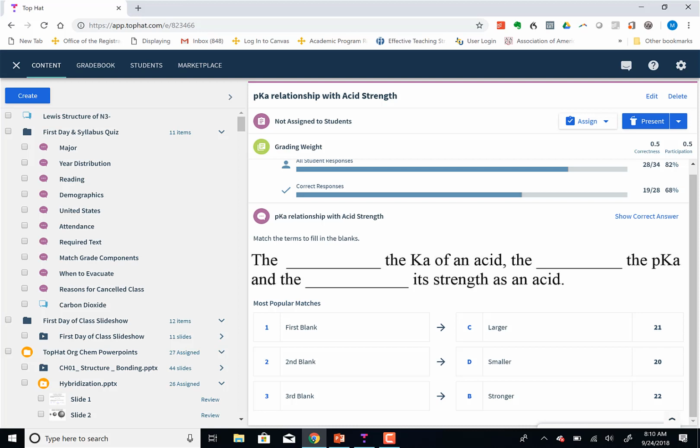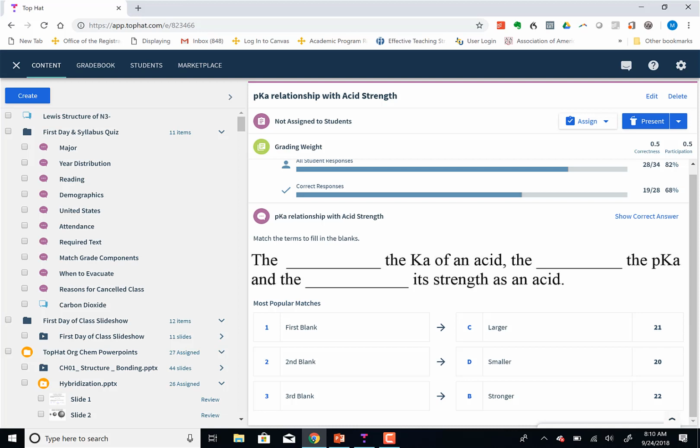So, the first blank, the larger the Ka value. You could do this either starting out with the larger the Ka value or the smaller the Ka value, because you could do it completely opposite. So we'll start with the larger, since that's what most people did. So the larger the Ka value, the smaller the pKa. Because remember, the pKa is what? It's minus the log of Ka.